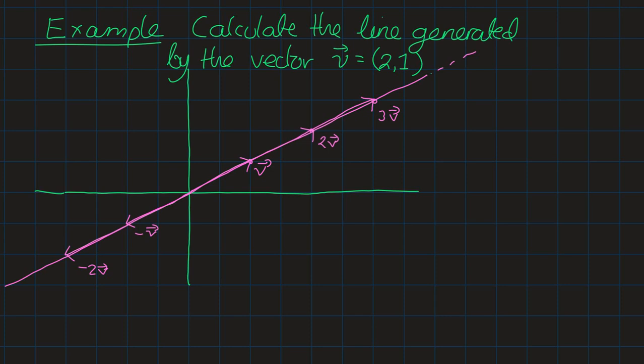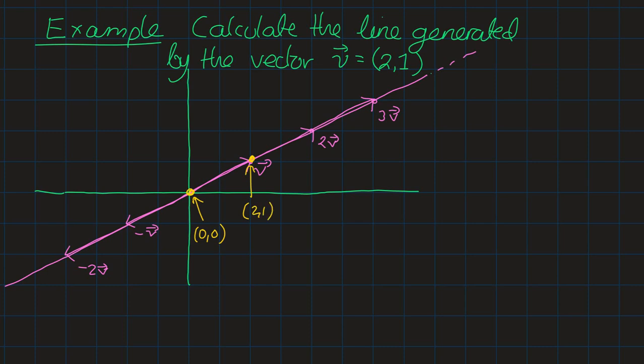I should work out the equation of the line, because it tells me to calculate the line, not just draw it. I could work out the equation in two methods. One method is to choose 2 points, this point here and this point here, and then use the equation for calculating the equation of a line, which we spoke about in a previous video. This point here is (0, 0), and this point here is (2, 1).